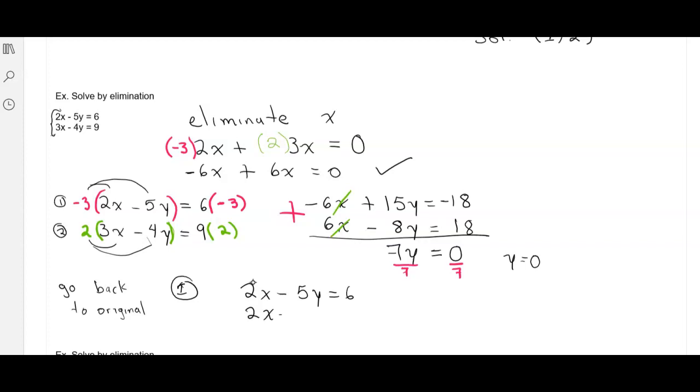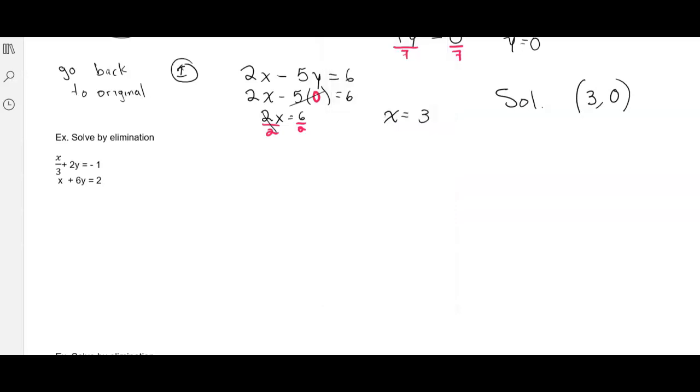We're going to replace the value for y, and my y is equal to 0. And in here, this number will cancel. 2x is equal to 6. Divide both sides by 2. And in here we solve for x, and our x is equal to 3. So we have a solution: our x value is 3, our y value is 0.